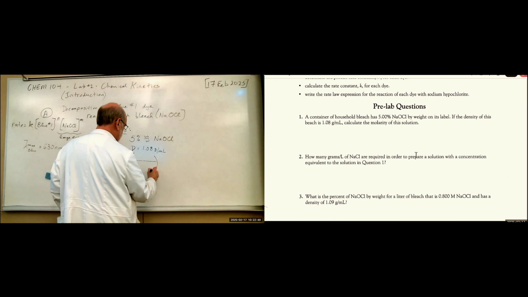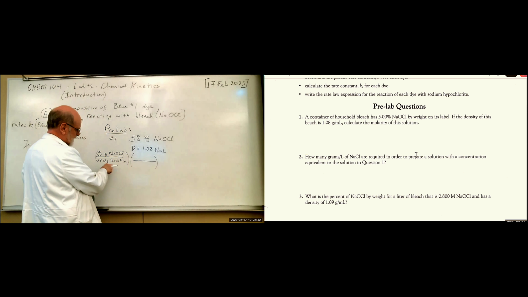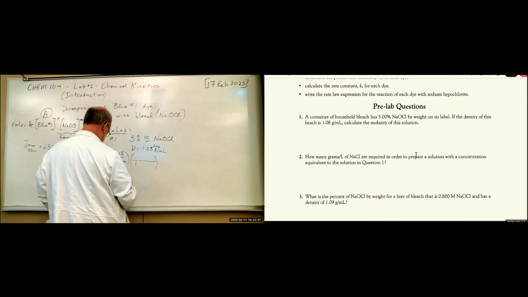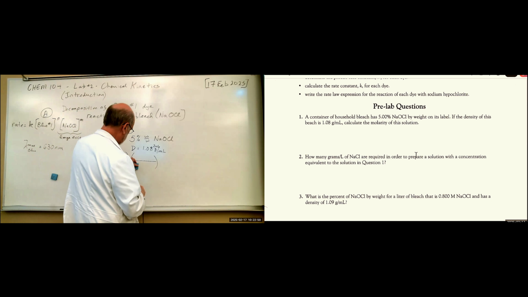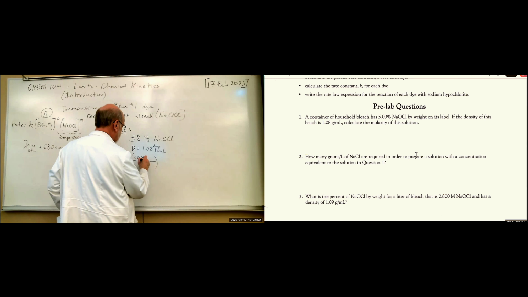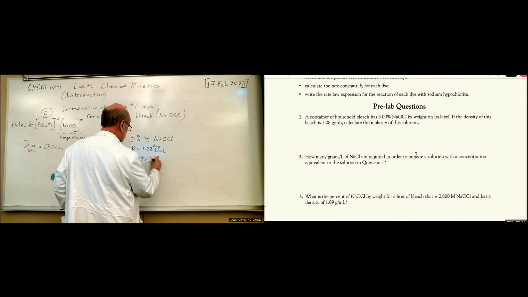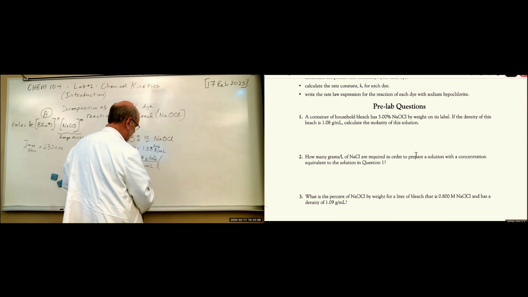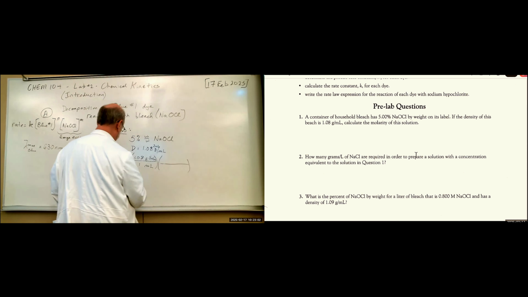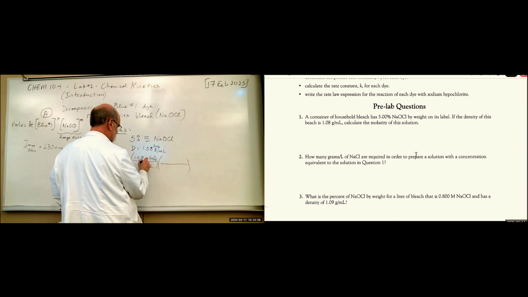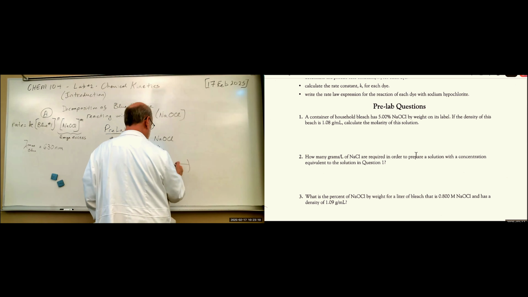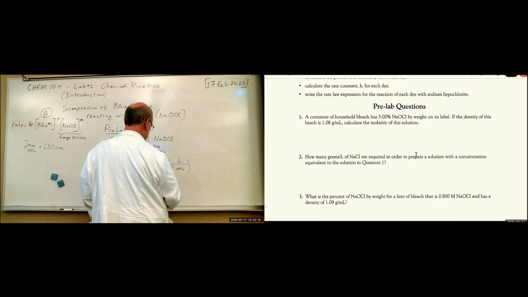We can convert that into an equivalent for volume by saying this is grams of solution, 1.08 grams of solution per milliliter. But that needs to be in liters, doesn't it? We got rid of grams of solution. Now we need milliliters of solution, liters of solution, and we have 1,000 milliliters per liter.